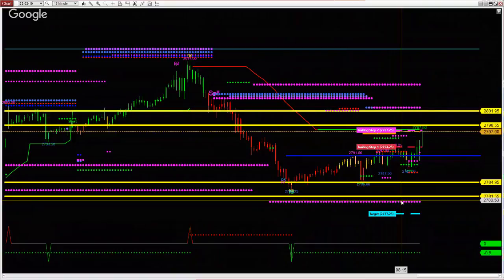Right now we are in an extremely critical area, exactly where we're looking. This is the breaking point right there. Either it is able to break it, or the market is going to go back and retest a lower level.